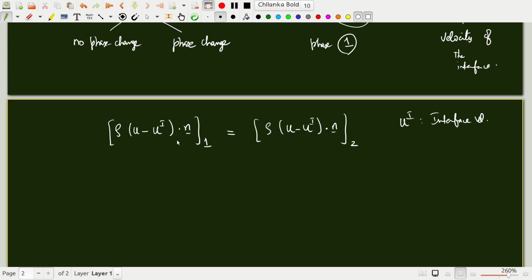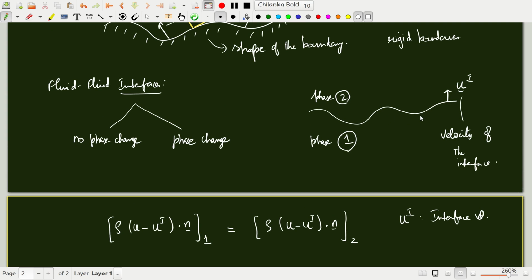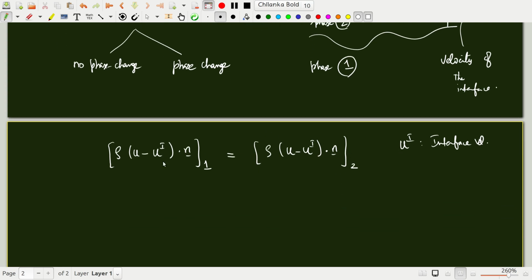But if the interface is moving at a velocity, relative to that velocity of the interface, the mass flux is rho times (u minus ui) dot n from phase 1. That should be the same as, because the interface by definition is a region of 0 thickness, it cannot accumulate mass. So that means that whatever comes in from this side relative to the interface must go to this side. So this is the same thing for phase 2. Okay. So you will have two different velocities, u1, u2, and so on. I'll come to that. Let me draw the vector symbols for velocities.